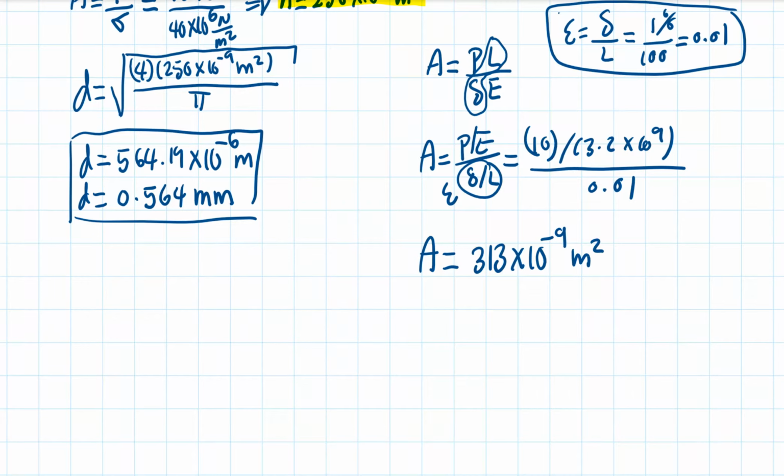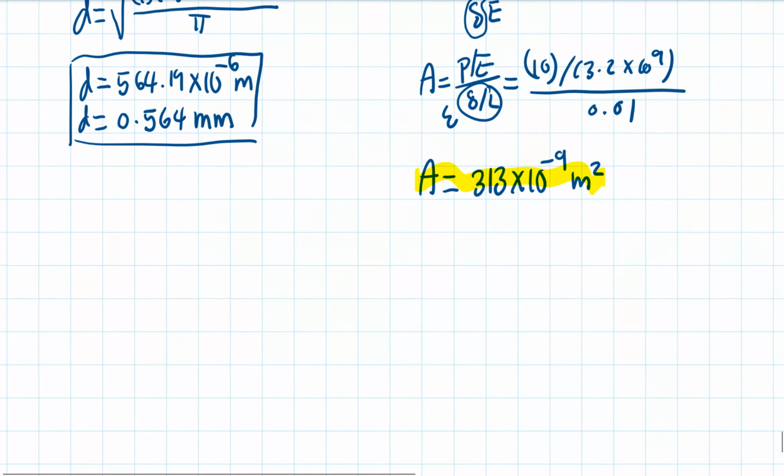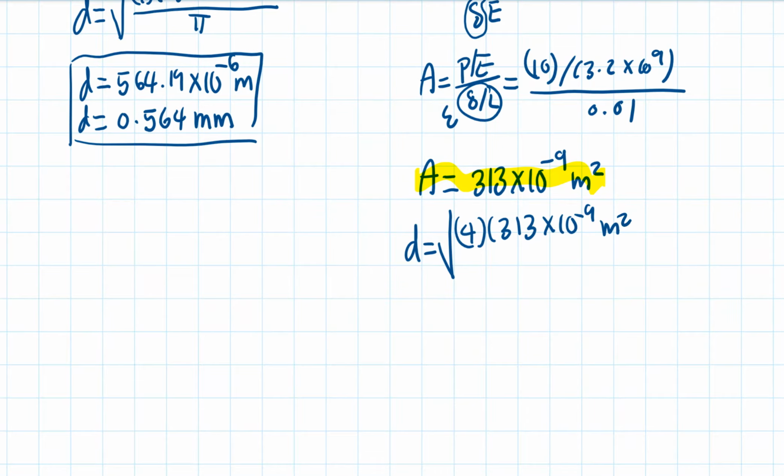So now we can plug in this found area into our diameter equation. So D will equal the square root of 4 times 313 times 10 to the power minus 9 meters squared divided by pi.